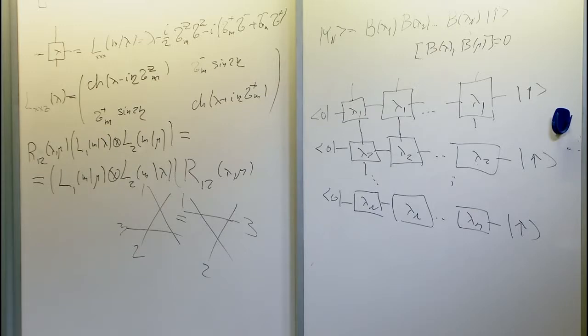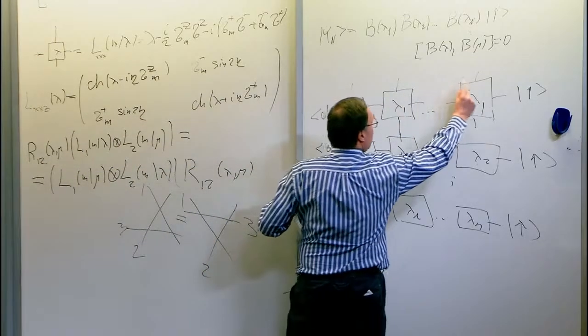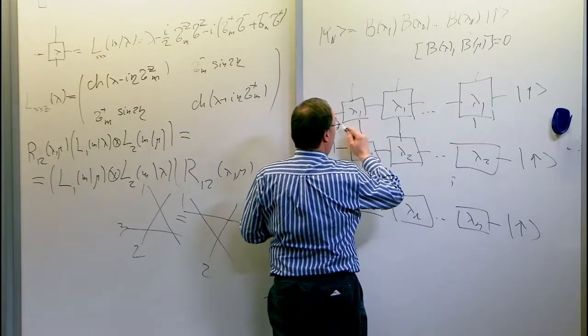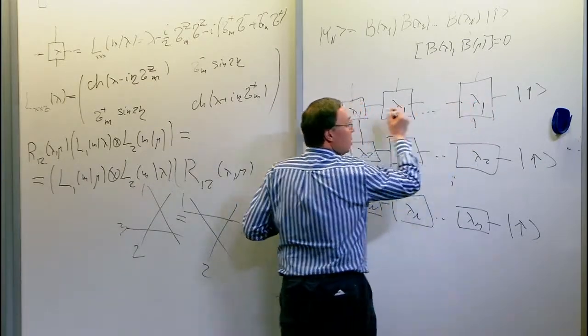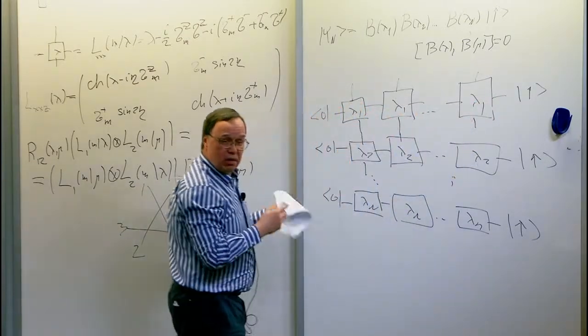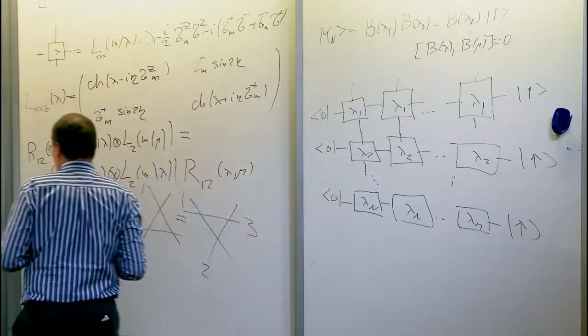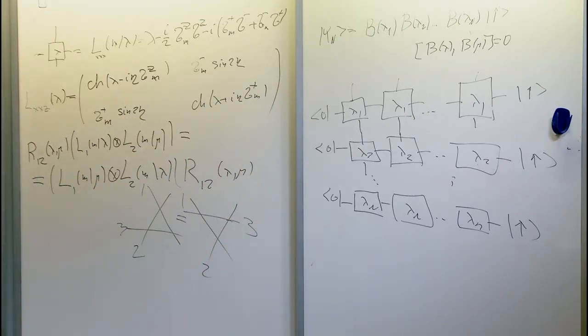Next, I will introduce the monodromy matrix. The monodromy matrix is this piece. I just take several L operators and multiply them in the auxiliary space. And this is important for understanding my tensor network.